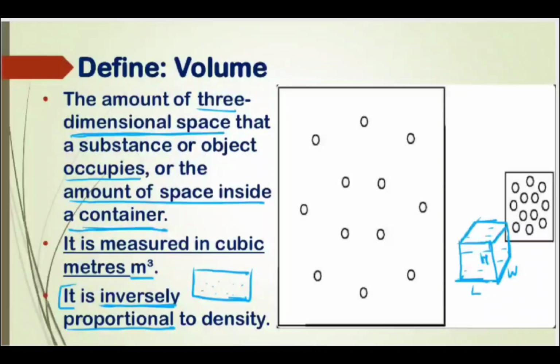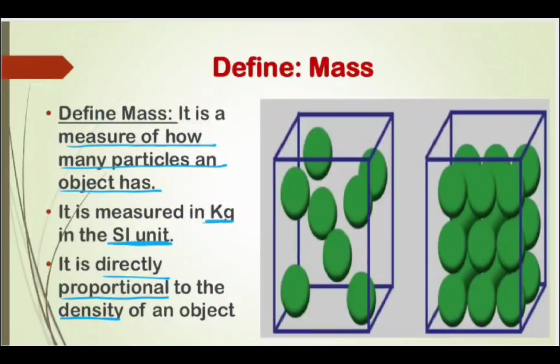And what do I mean by directly proportionate? That means if my particles are more, the density will also be more. It will be more dense.